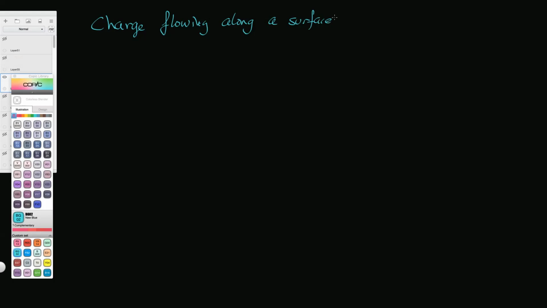Okay. And we're going to describe this in terms of a surface current density.